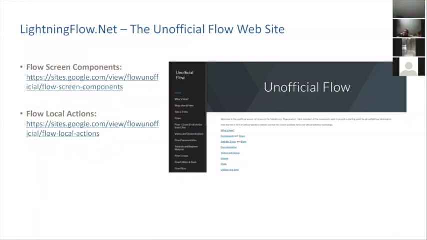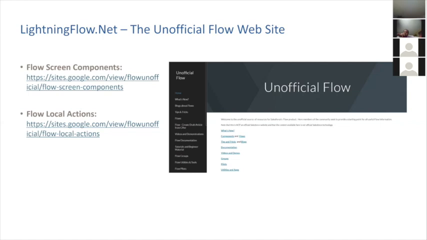lightningflow.net, for those of you who don't know, is the unofficial Flow website that is managed by the Salesforce Process Automation Product Management team. So if you haven't gone out there, I encourage you. There's tips and tricks. There's links to blogs. There's all sorts of cool information.